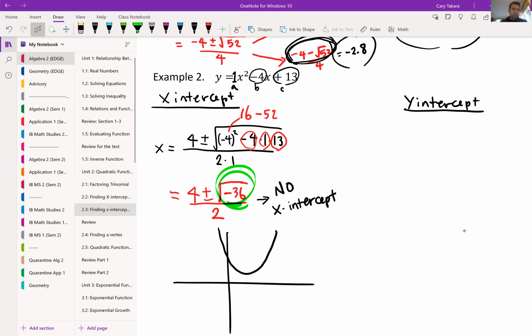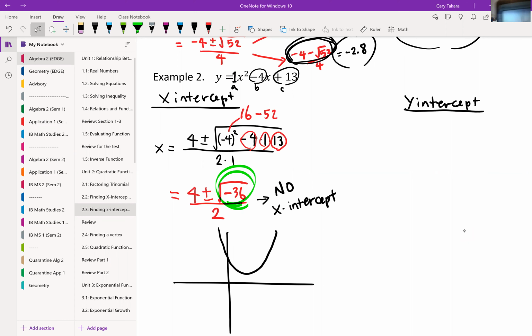Let me change the window. So the function never dips deep enough to hit the x-axis. So there's no x-intercept.